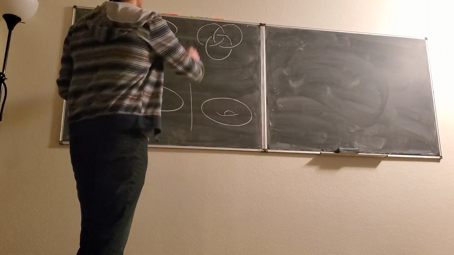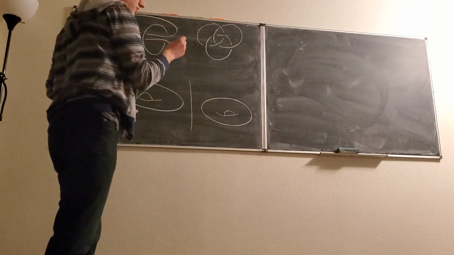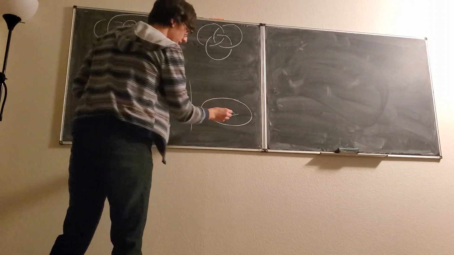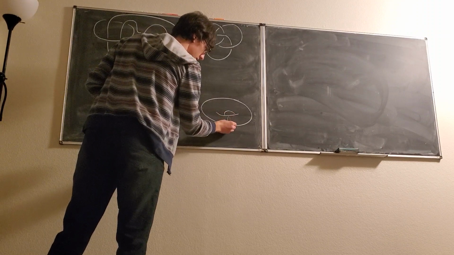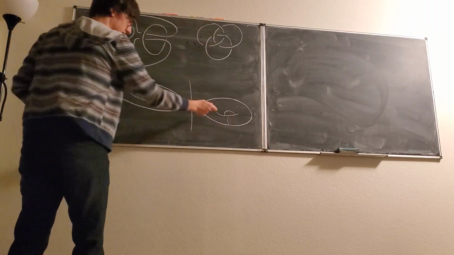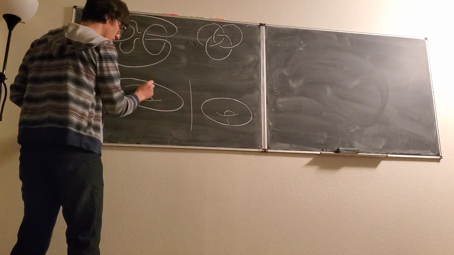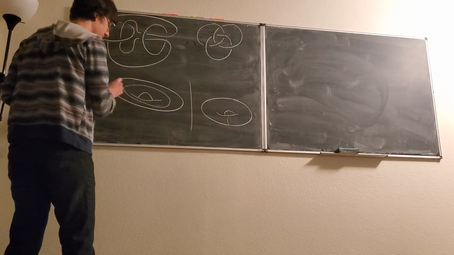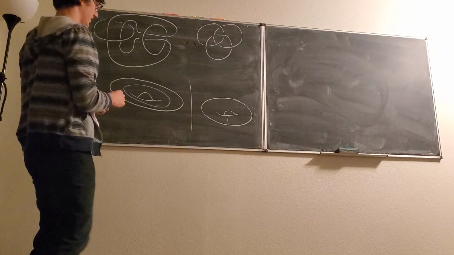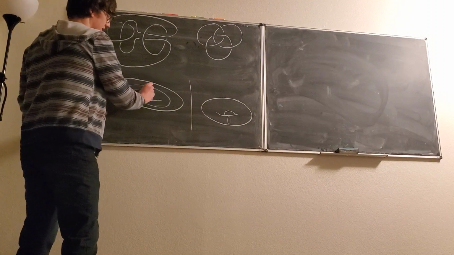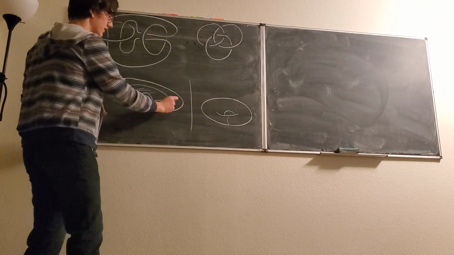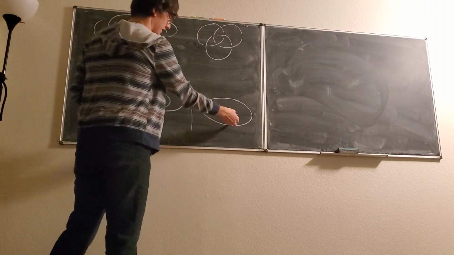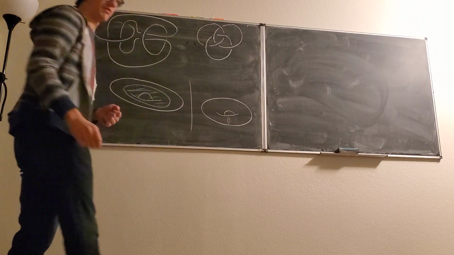So in particular, since we're gluing along a slope of 0, this meridian curve becomes one of these longitude curves, right? So in particular, this longitude curve bounds a disk in this part of the manifold.